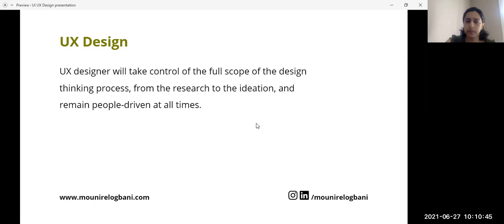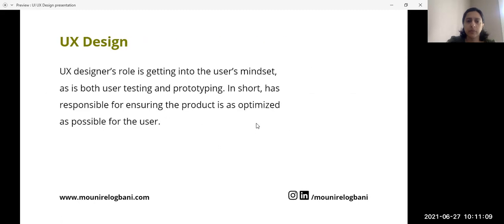The UX designer will take control of the scope of the design thinking process, from the research to the ideation, and keep people driving at all times. So they have full control of the design thinking process.